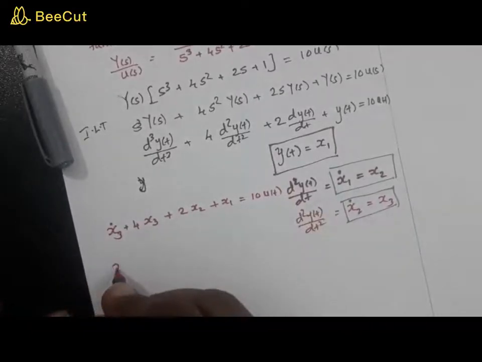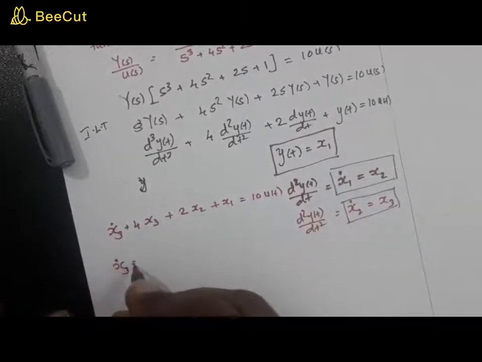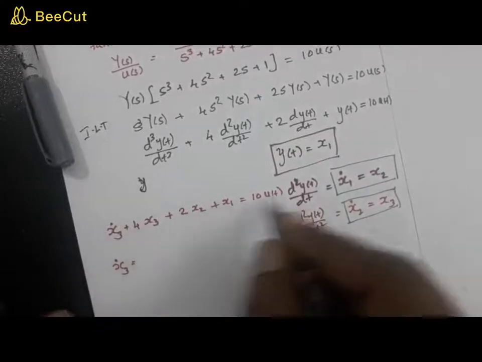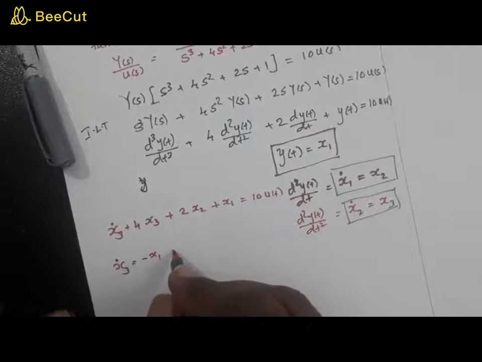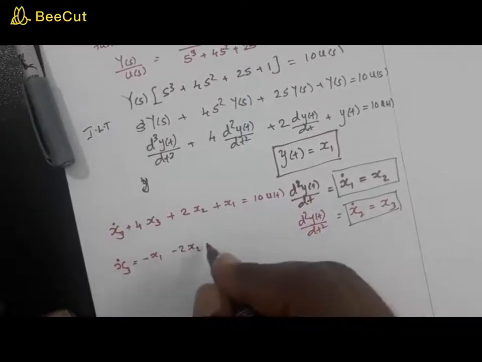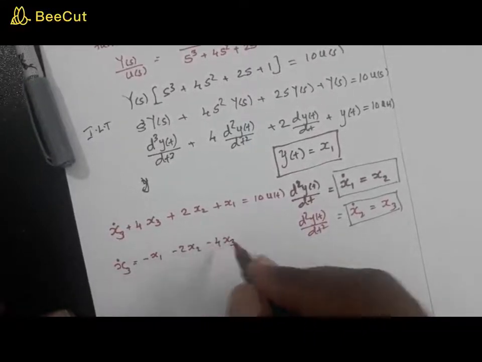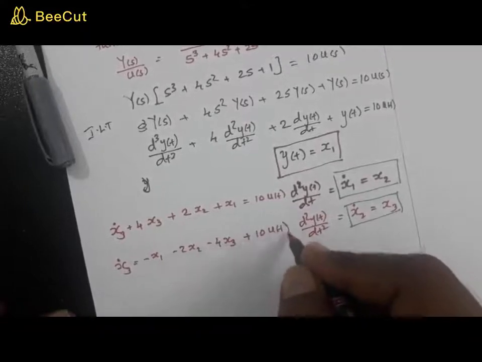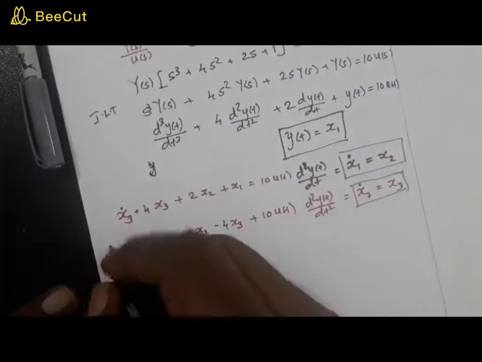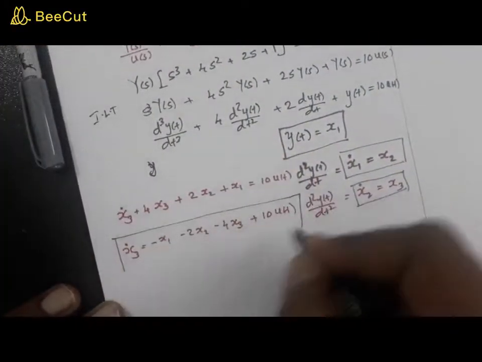Or you can write x3 dot by bringing all these things to the other side, so this will be minus x1 minus 2x2 minus 4x3 plus 10 into u(t). So this is actually the third part of the state equation.